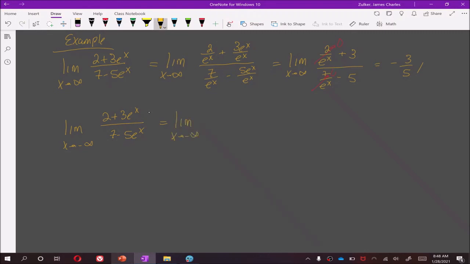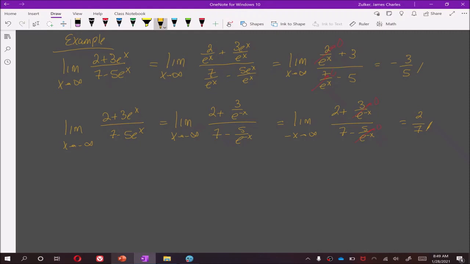Since x is going to negative infinity, just write it as 2 plus 3 over e to the negative x, and then 7 minus 5 over e to the negative x. Well, this is the same as the limit as negative x goes to infinity, right? If x is going to negative infinity, then negative x is going to positive infinity. Well, now that leads to the same thing. This term goes to 0, this term goes to 0, and we're left with 2/7.